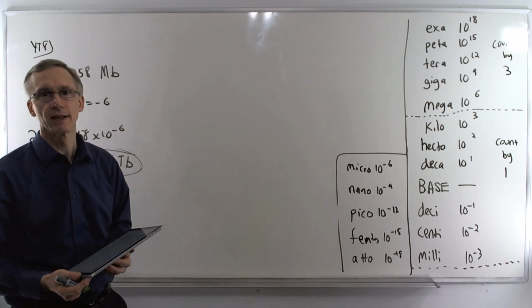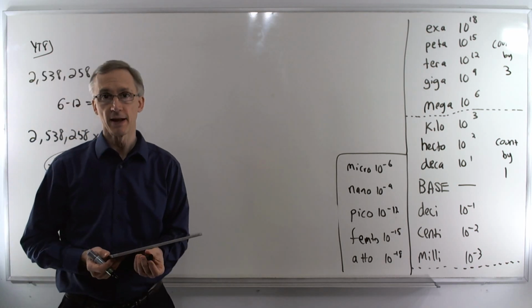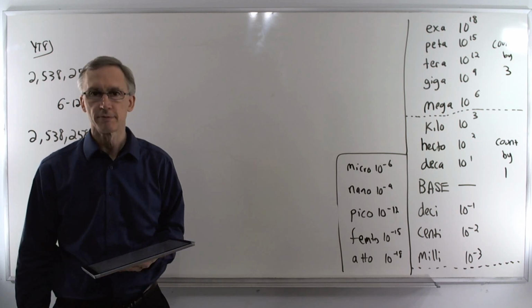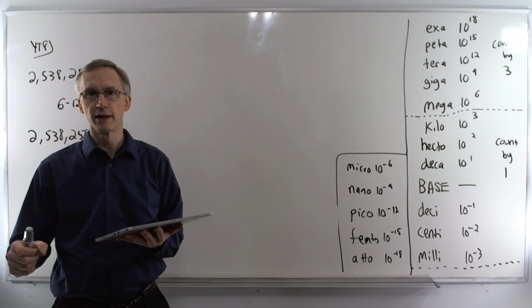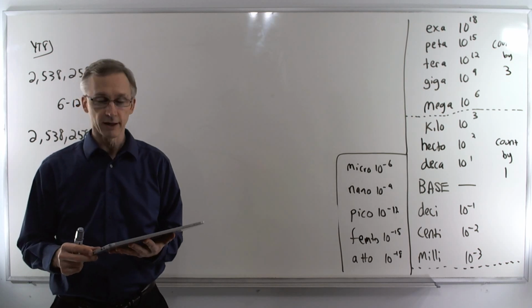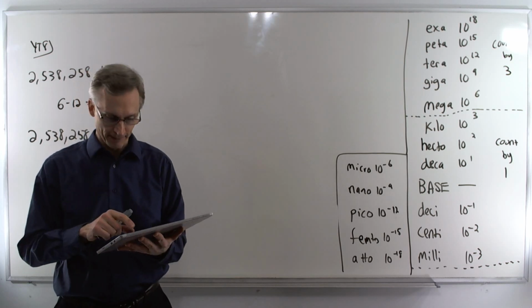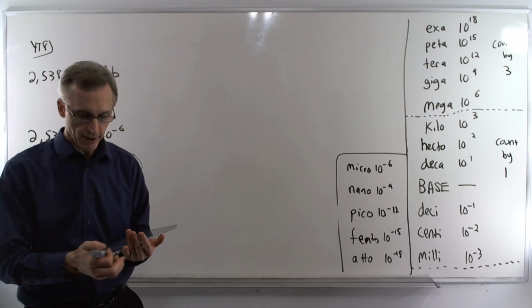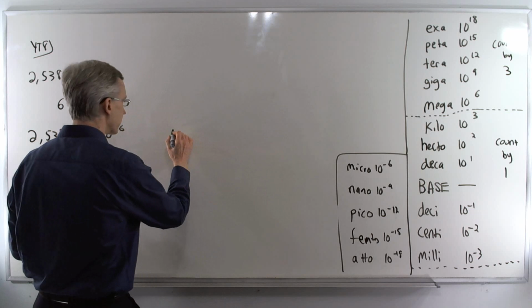Now another place that these prefixes come up is in medicine. So you may have heard some doctors say, I need 50 cc's of adrenaline. Which I don't know if that's a proper dosage. Might kill somebody with that much. I don't know. I have no idea. But have you ever wondered what a cc is? Well, as it turns out, a cc is a cubic centimeter.